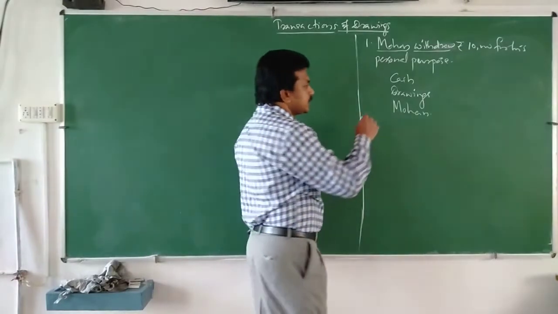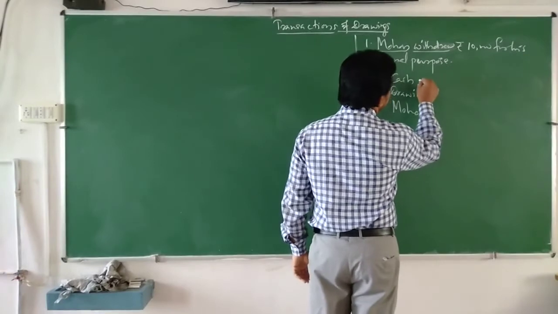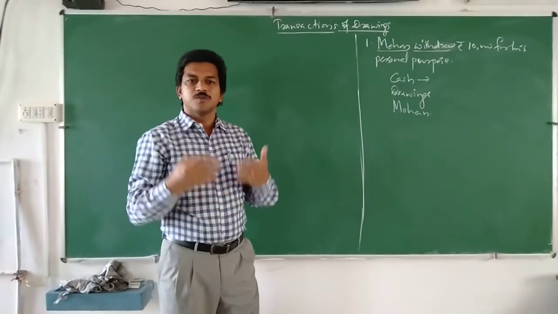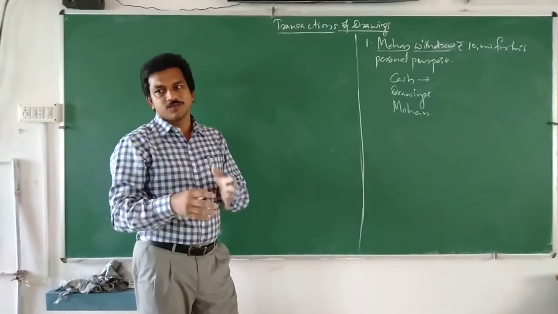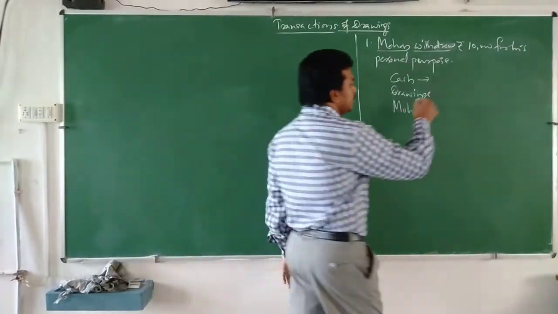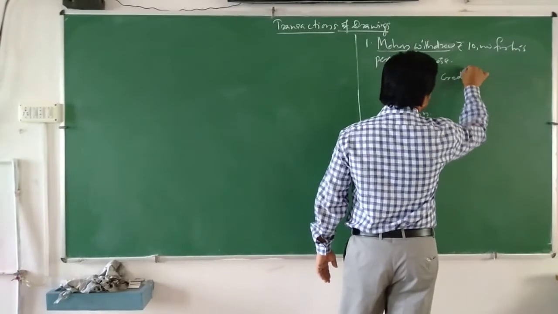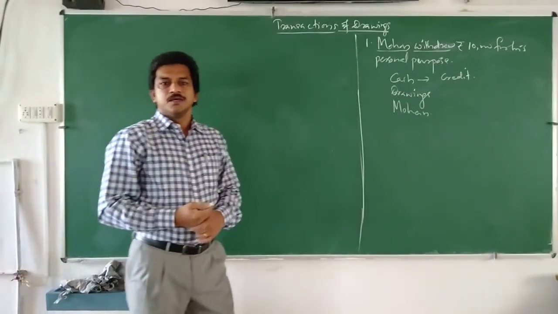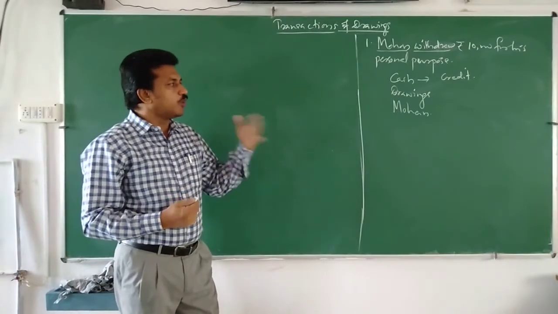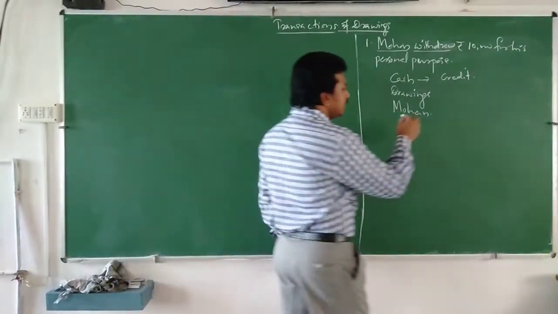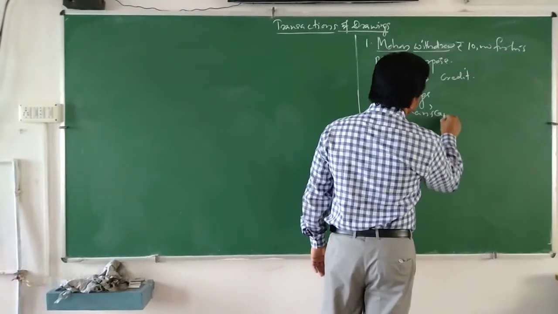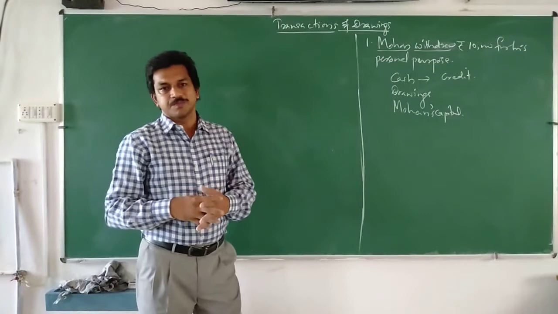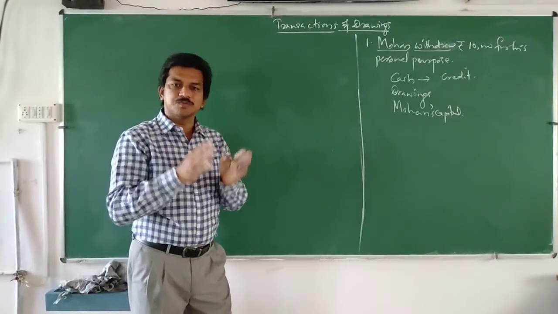So we can write cash. When he withdraws cash, what happens to cash? From our business, cash goes out. Credit what goes out. So cash can be credited. And Mohan we can write Mohan's capital because it decreases from his capital.